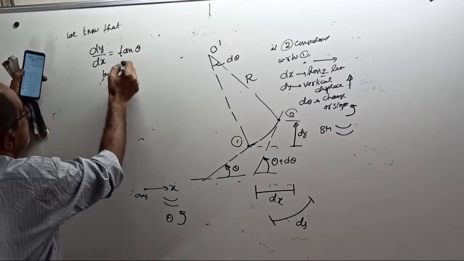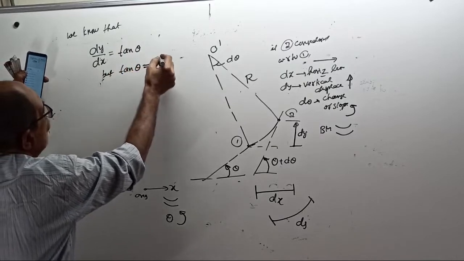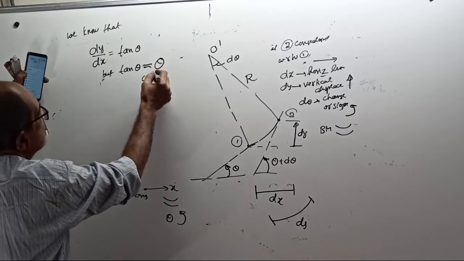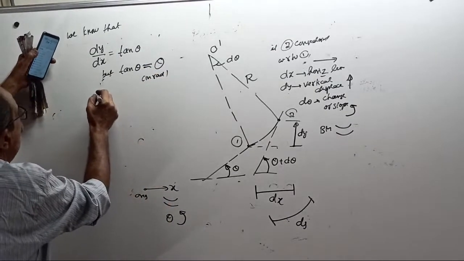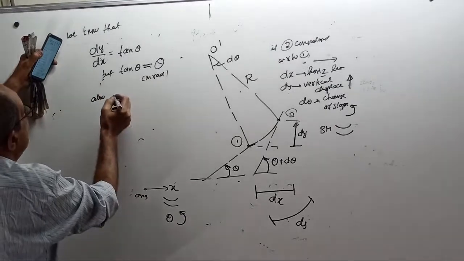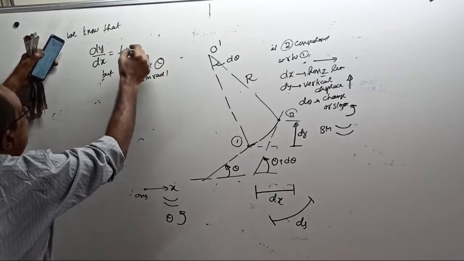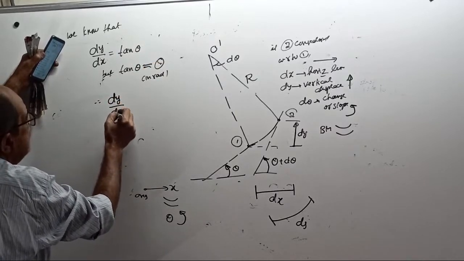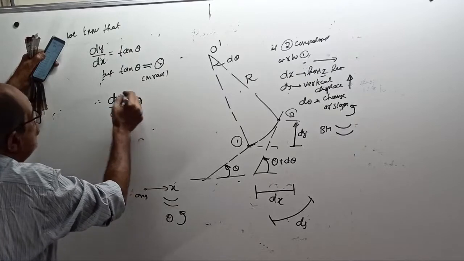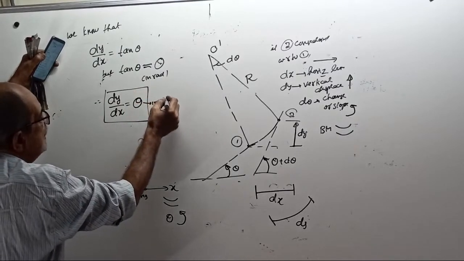But tan theta can be taken almost equal to theta in radians. I told so many times. Therefore, your dy by dx can be taken equal to theta. But remember, theta in radians.